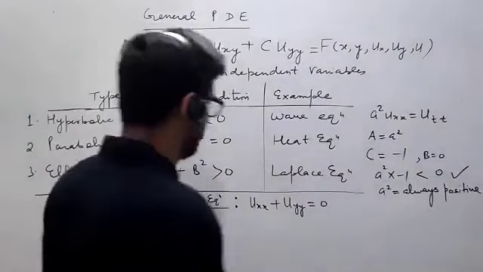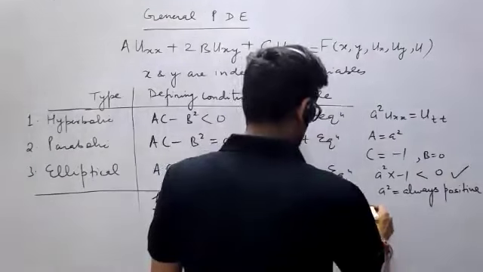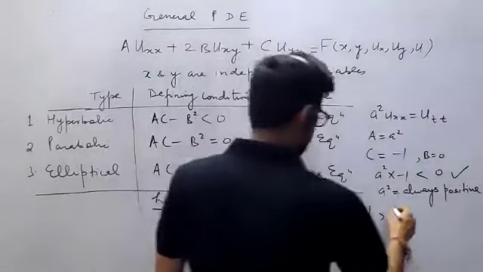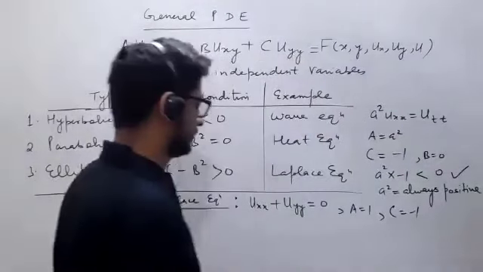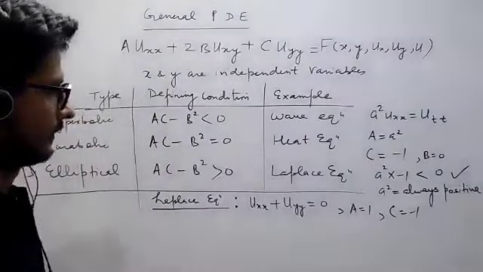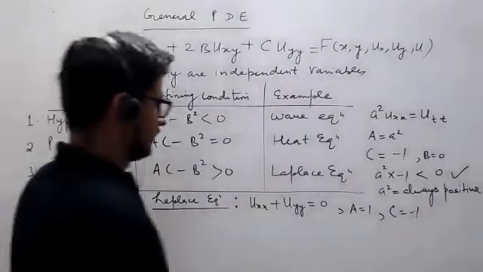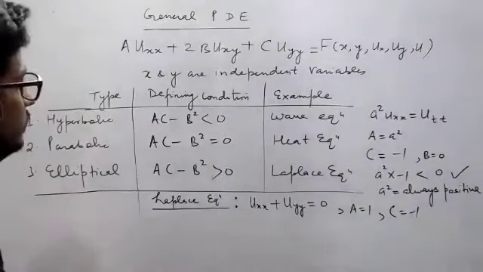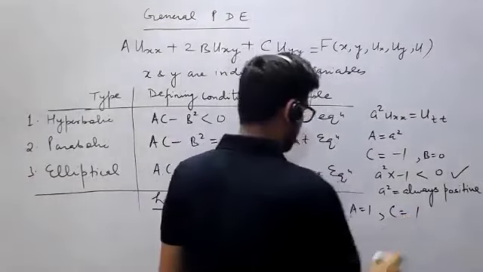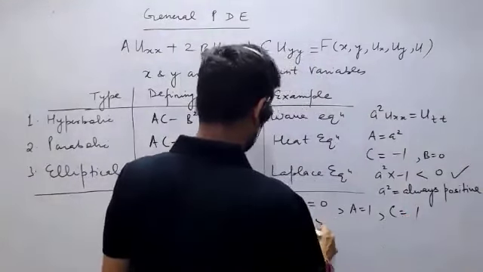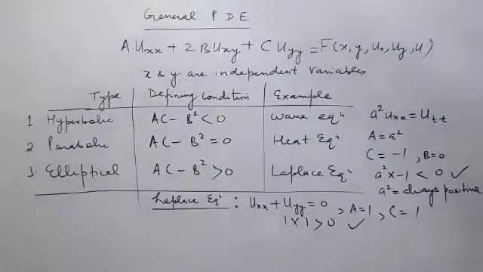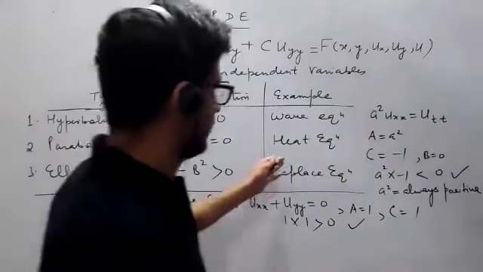So the value of capital A is equal to 1, and the value of capital C is equal to, sorry, +1. So 1 into 1 is greater than 0. This is okay. Correct? So this is the simple category.